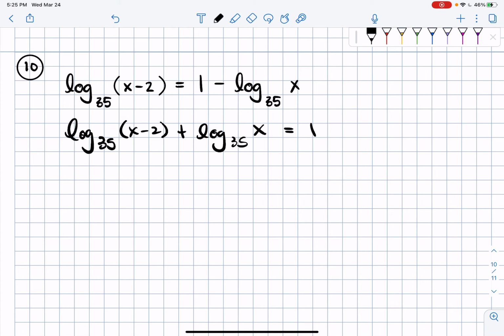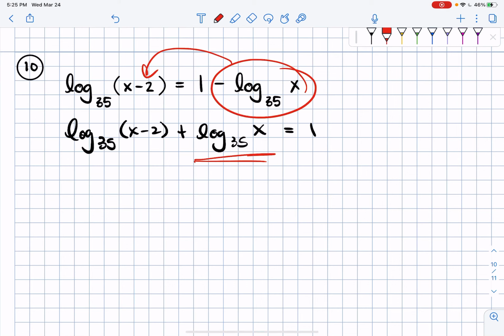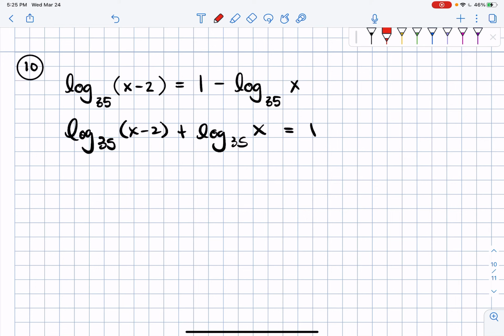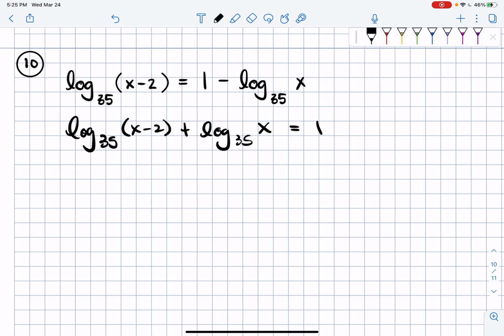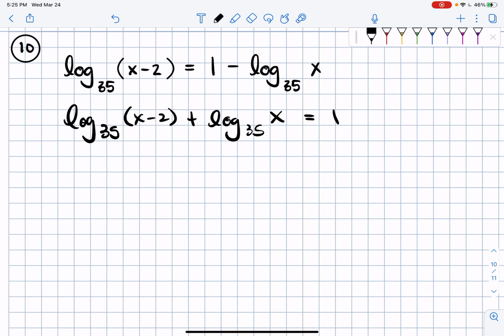Okay, so basically I am adding this over to the other side, and that's why I got that. Okay? With that being said, this is addition. That means, really, if I go in reverse, I can put them together as log base 35 of x times x minus 2, and that's equal to 1.